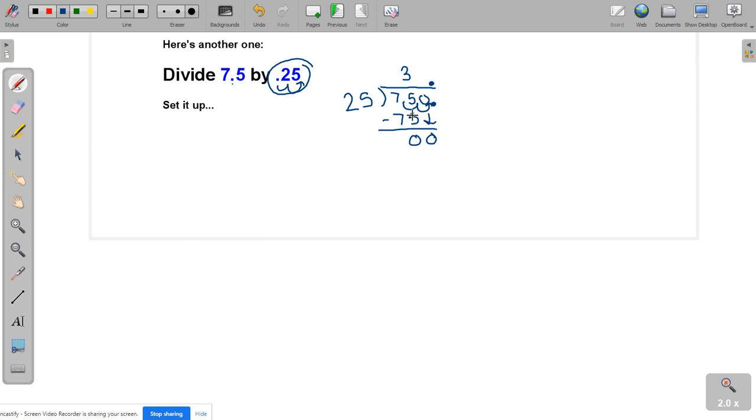So now we have 25 going into 0. It goes in 0 times. 0 times 25 is 0, and we subtract, and we get 0. Since we don't bring down anything, we stop here. But the step before, we had to bring down the 0 and do one more time through. So 7.5 divided by 0.25 gives us 30.